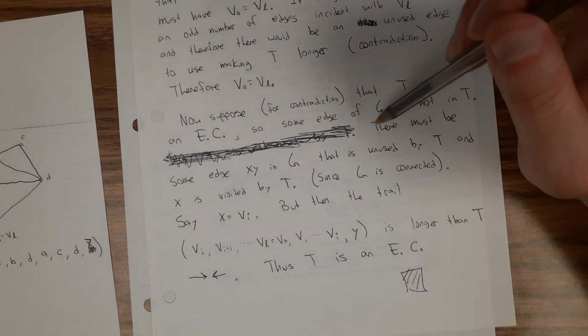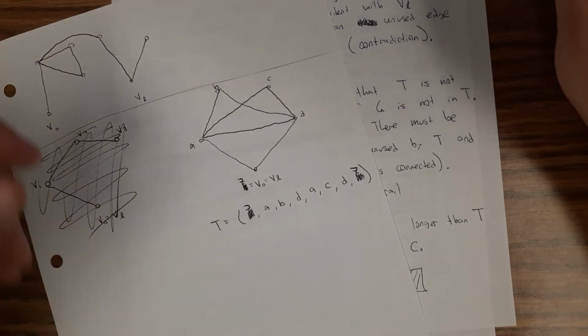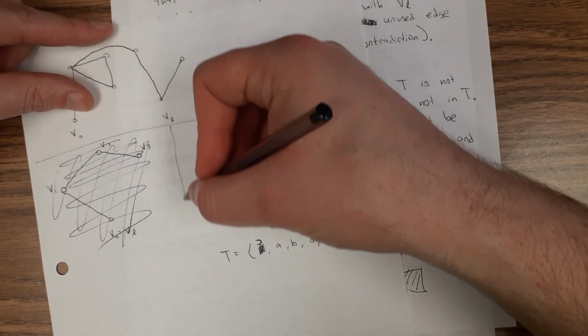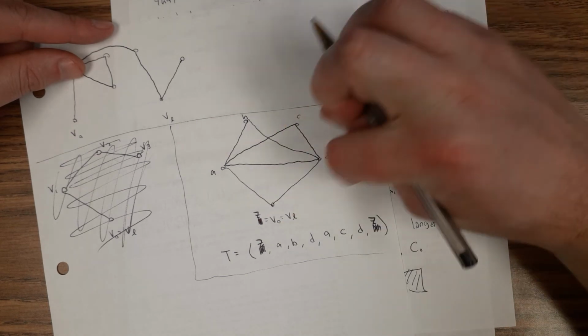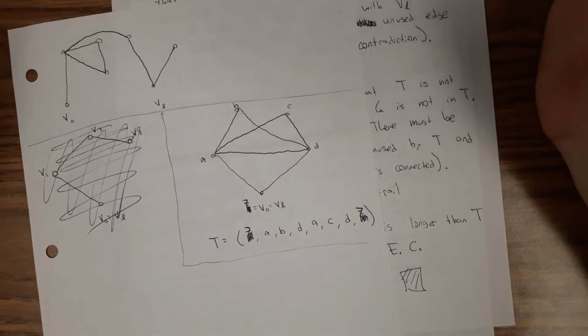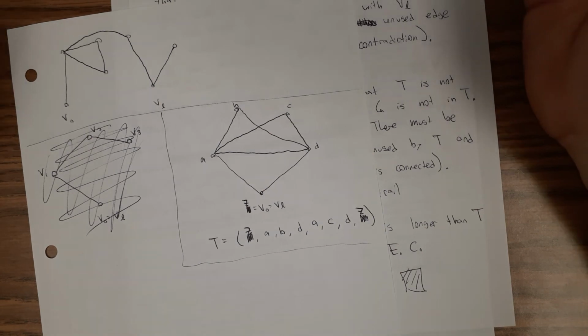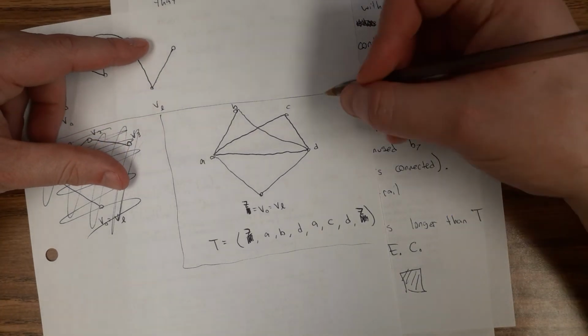If there's an edge of the graph that's not used on the trail, so imagine that this is just part of a graph, and that there's some other edge that obviously I haven't drawn, because so far I've only drawn the trail. But there's some edge that's part of this graph that isn't on the trail. And there's a couple of ways it could look.